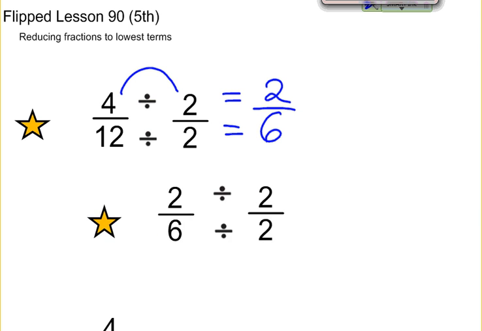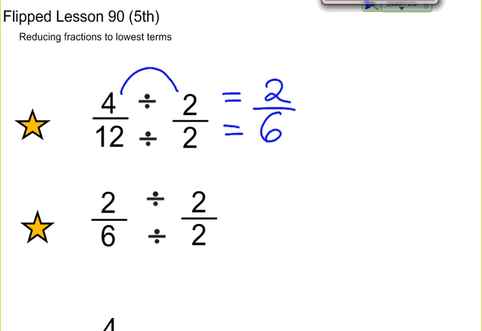In the end, you would actually have to take a second step and reduce again. So 2 divided by 2 this time is going to get an answer of 1, and 6 divided by 2 equals 3. And so our final answer is 1/3.